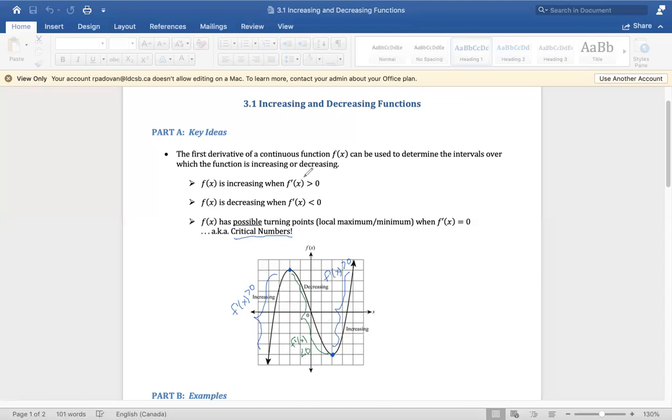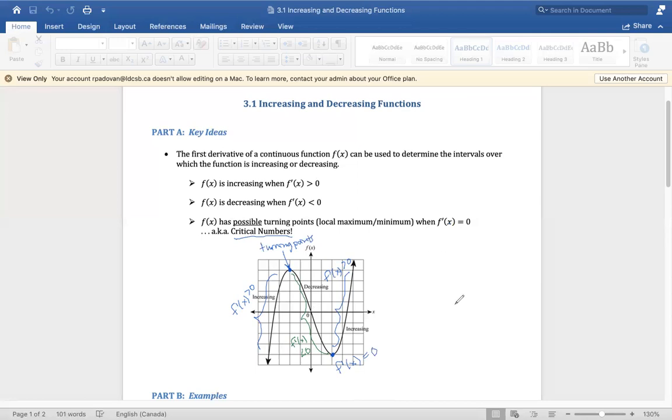Actually, let's write down that these are turning points. Right, we know that that's a maximum, we know that that's a minimum, but now we're going to find it algebraically. And at both of these points, the derivative is equal to 0.